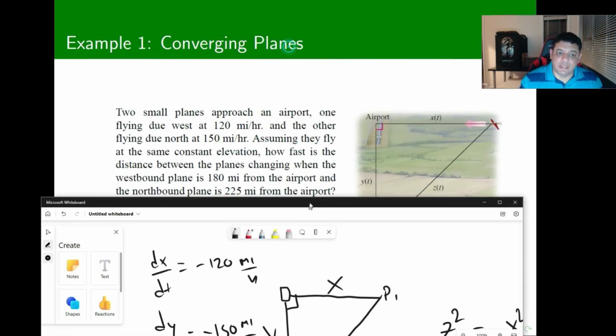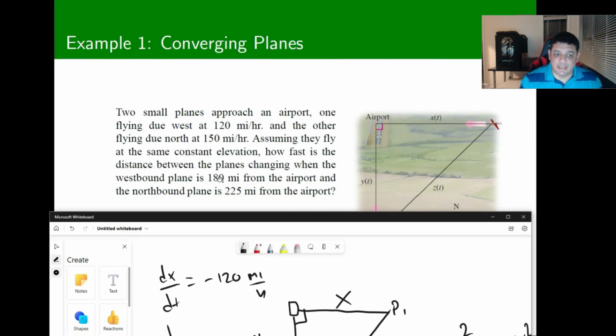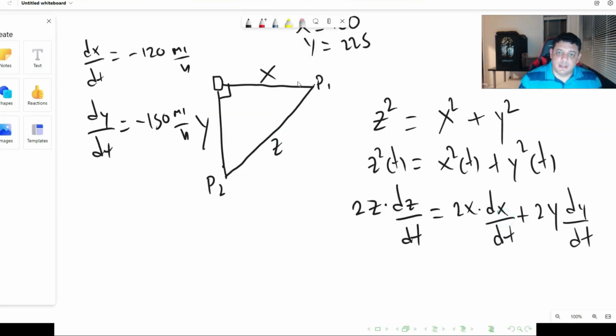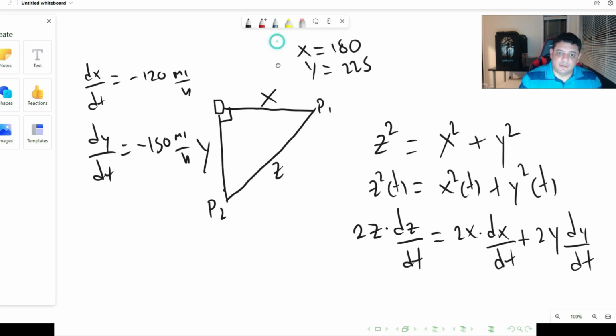Plus, we care about specific moments. We care about when x is 180, and when y is 225. So we can assume those values. Okay? So those are the values that I have right now.